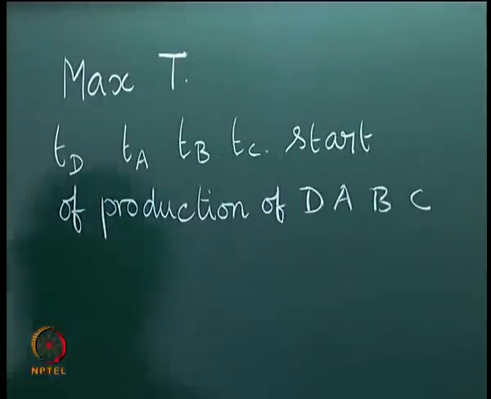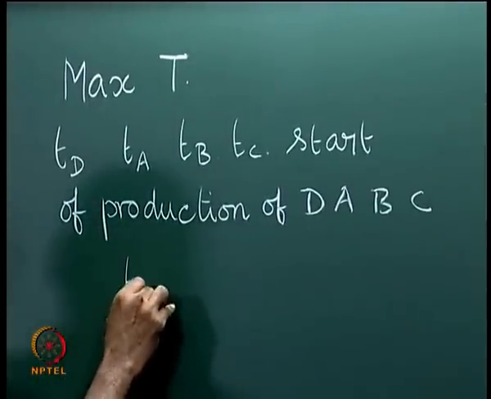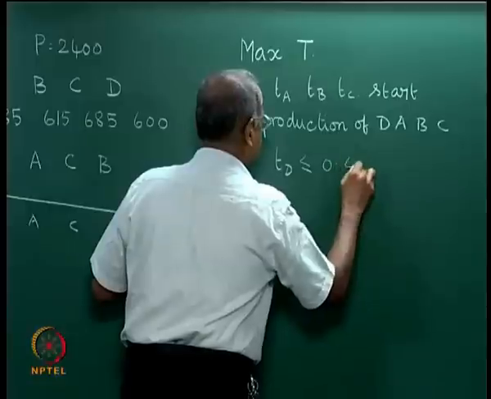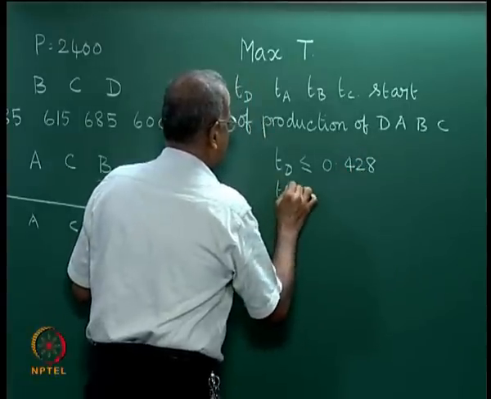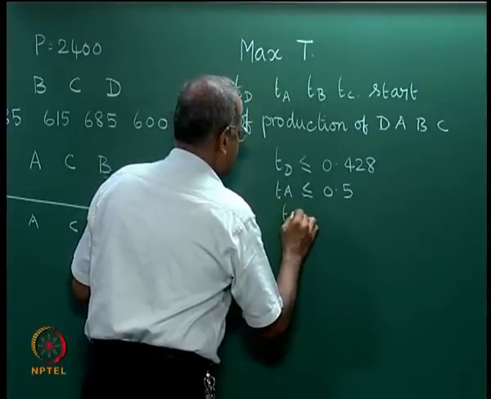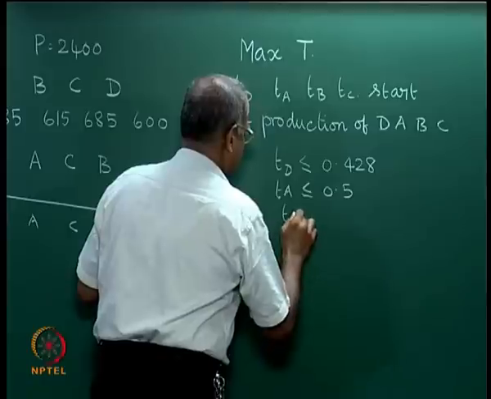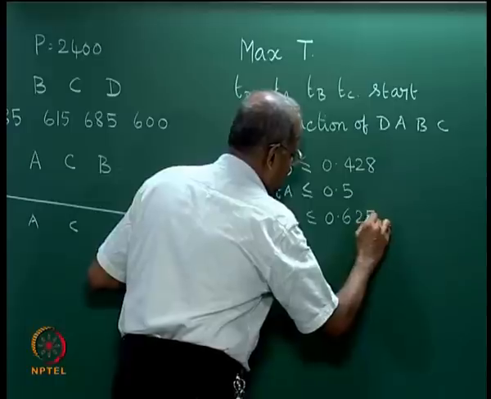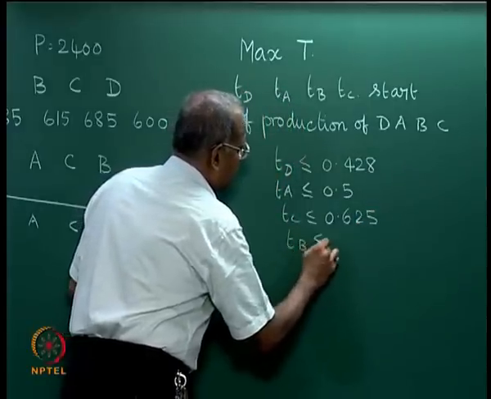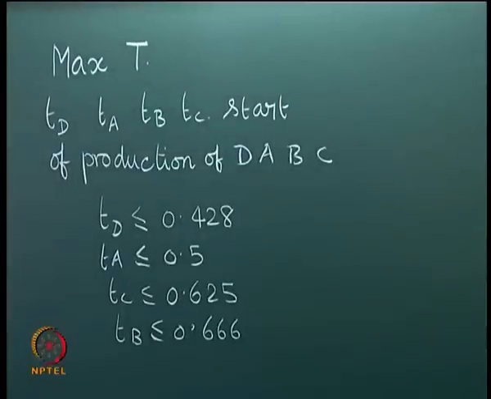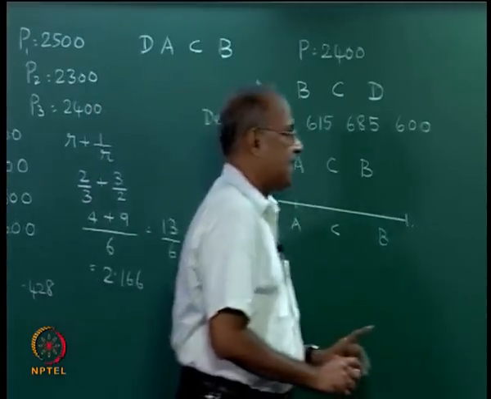Then we have to use these constraints: TD less than or equal to 0.428, TA less than or equal to 0.5, TC less than or equal to 0.625 and TB less than or equal to 0.666.